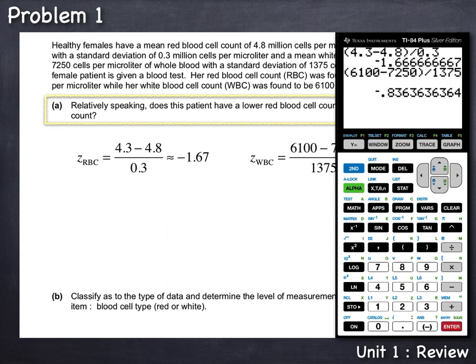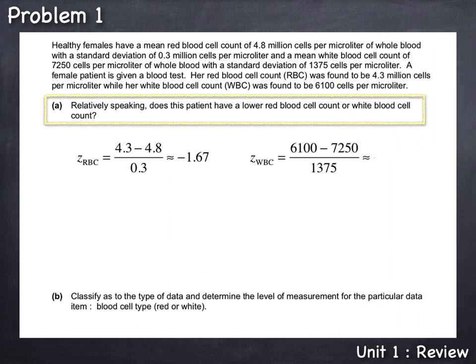So this patient's white blood cell count standard score is negative 0.8363636. Again, rounding to the customary hundredth or 2 places after the decimal. We look at the next place over, there's a 6, which is over 5. So the 3 rounds up to a 4, and we get a negative 0.84 for the white blood cell count standard score.